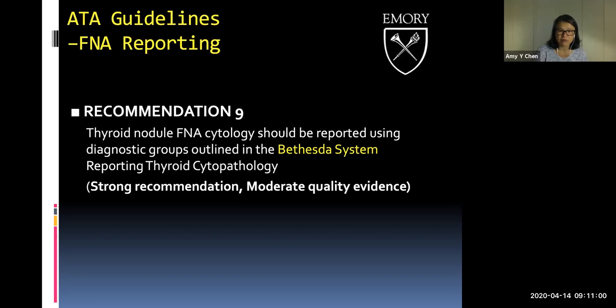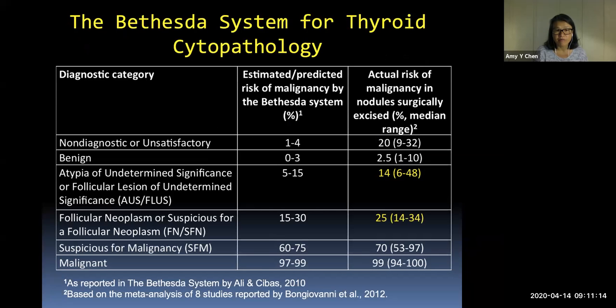Before it was sort of haphazard. There was really no good institution to institution reliability or consistency, and therefore this was convened and was adopted. So basically there are 6 categories, 1, 2, 3, 4, 5, 6.